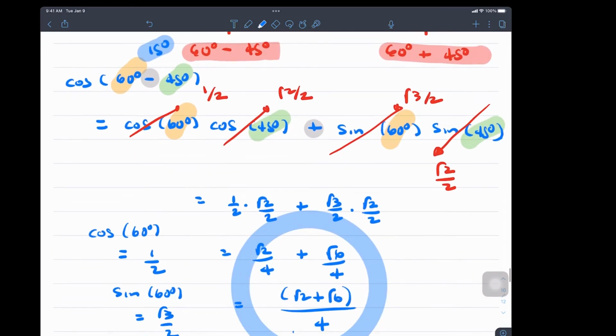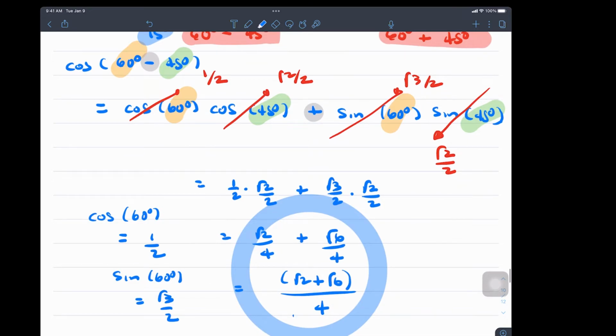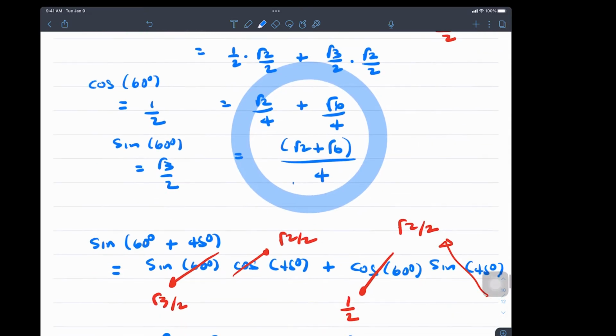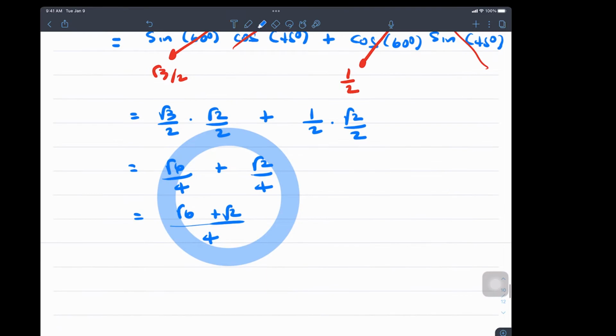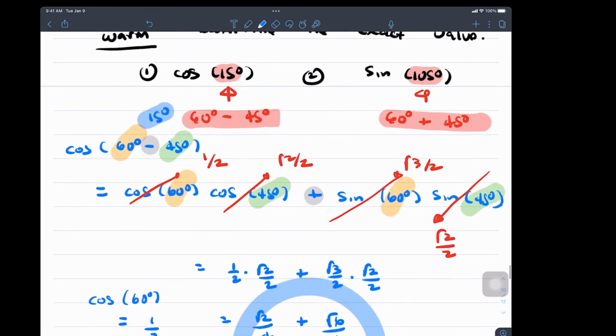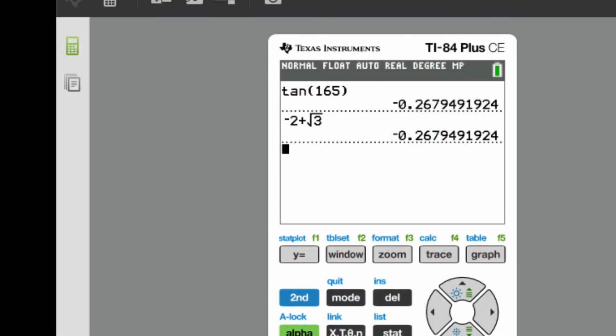Should we ask Shirley, did we make a mistake? No? Thank you. Let's find out. What in the world is going on? What do we get? Cosine of what? 15. Okay. Sine of what?